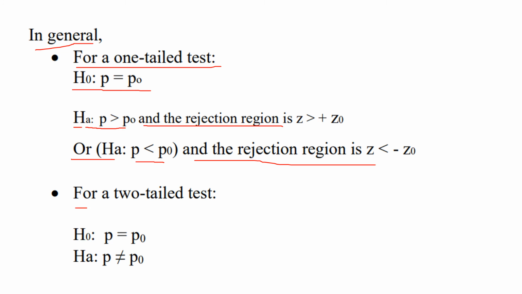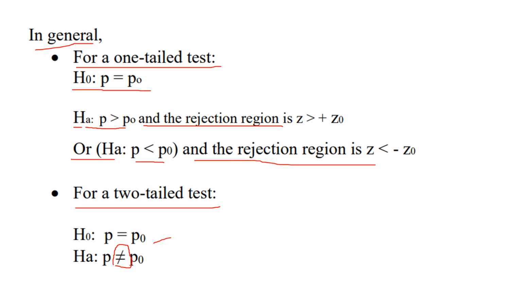And for the two-tailed test, because we simply use not equal to in your alternative hypothesis, meaning we don't know if p is greater than or less than, we simply assume that p is not equal to p0, because your alternative hypothesis will never show an equality between the two variables involved.